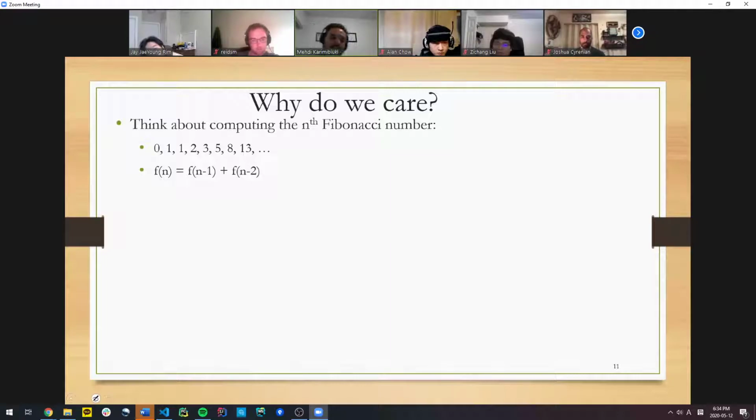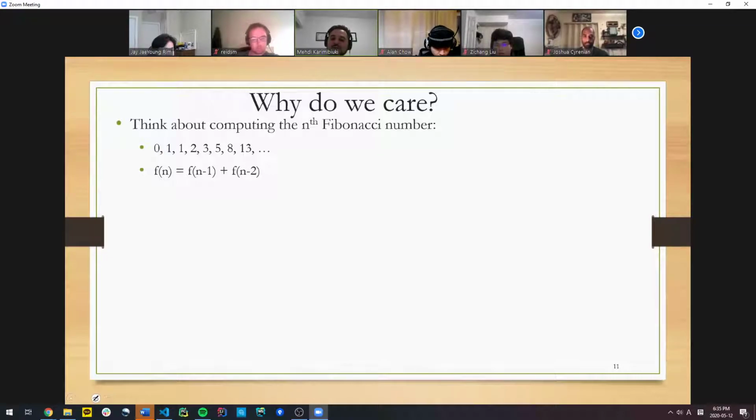So you enter the number of Fibonacci numbers you want, and if the number is 0 or less than 1, you just return it. That number is the Fibonacci itself, right? If it's bigger than that, then you are trying to do a recursive call, right?